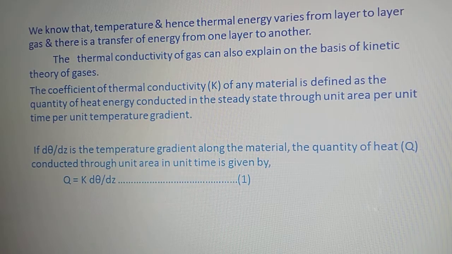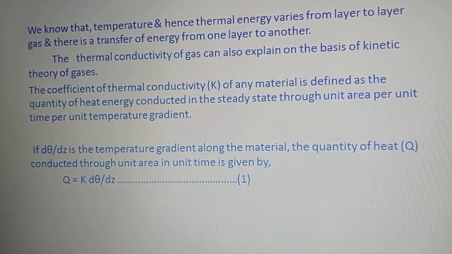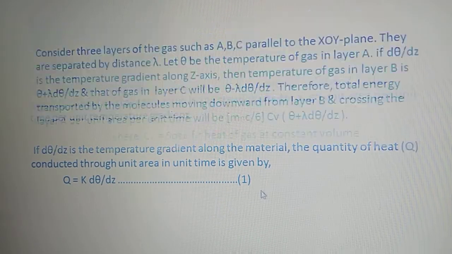If d theta by dz is the temperature gradient along the material, then the quantity of heat conducted, Q, through unit area per unit second is given by Q equals K into d theta by dz. Let us call this equation number 1.